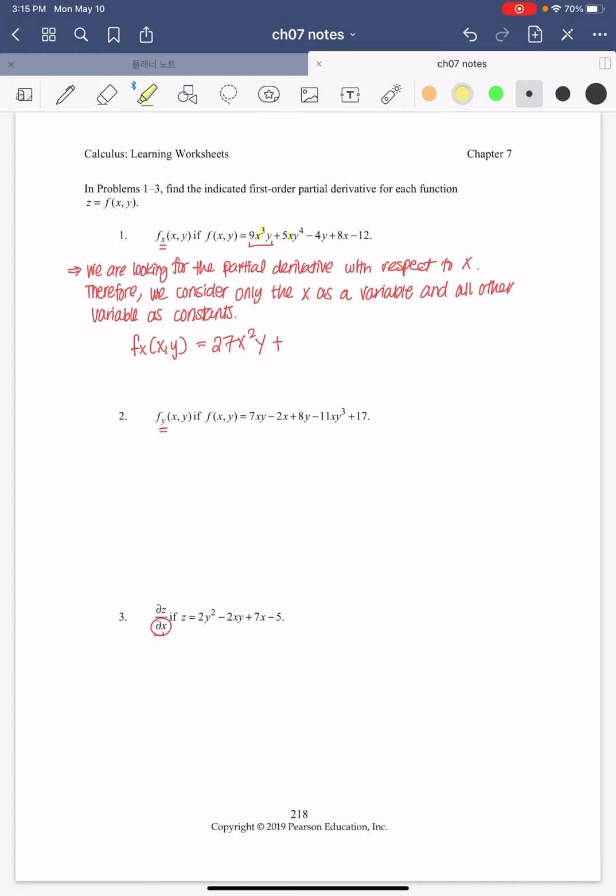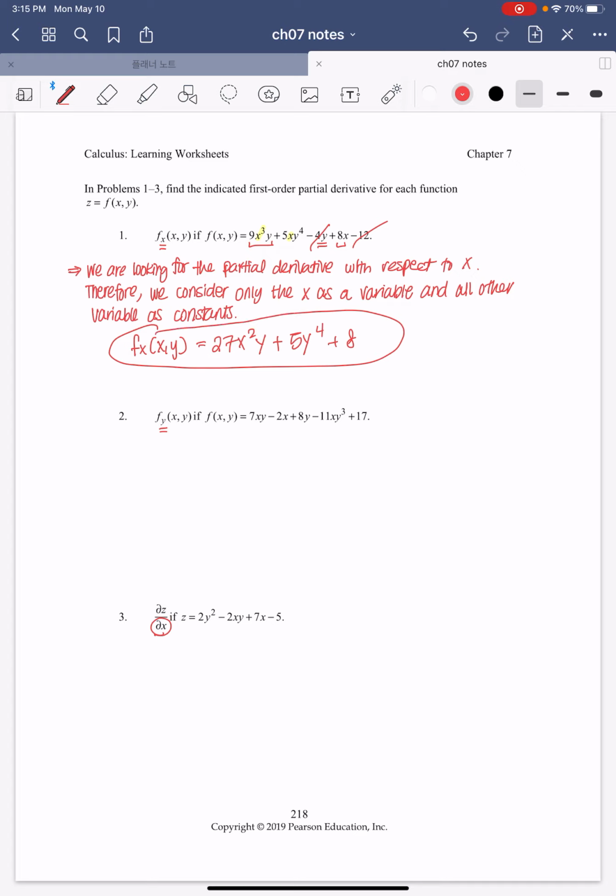That's x. So the derivative of x is just 1. So really I have 5y to the 4th power. This part is a constant. Remember, y is a constant, so it disappears. The derivative of 8x will be 8, and then the derivative of a constant disappears. So this is my final answer.